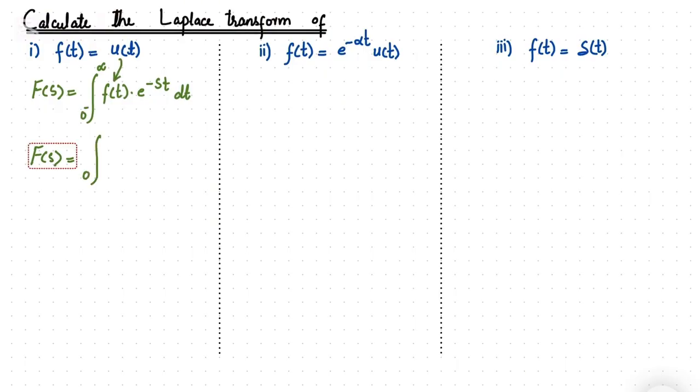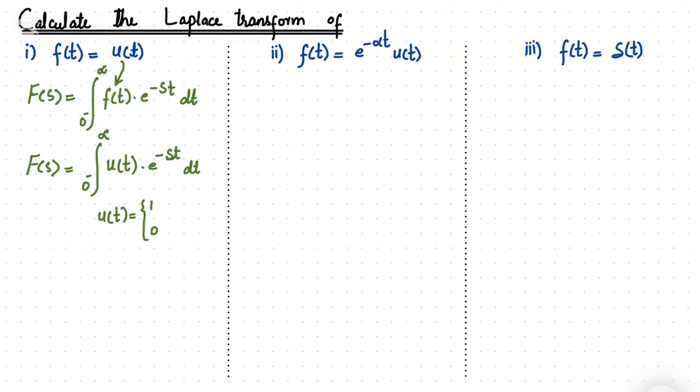So this is the integral from 0 minus to infinity of u of t, and we know that u of t is a unit step function. The value of the unit step function is either 1 or 0. The value is 1 for t greater than or equal to 0, and 0 otherwise.